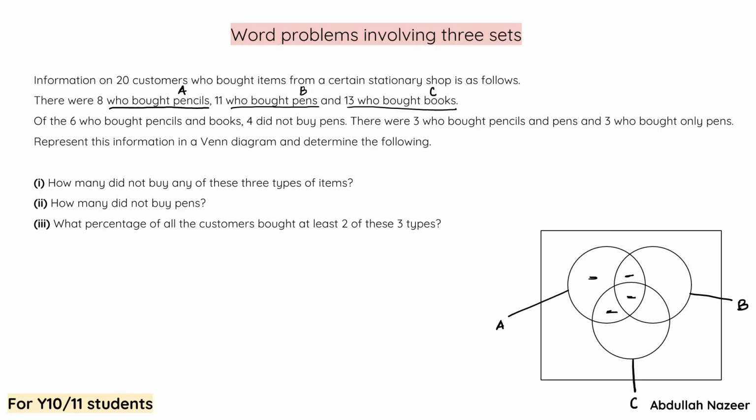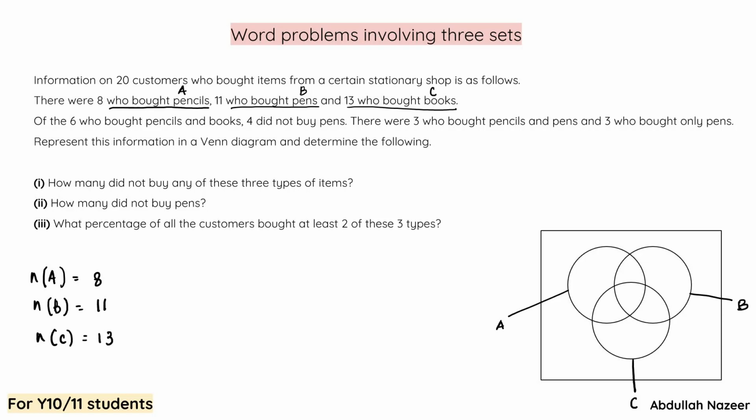At the moment, since we can't fill that information in the Venn diagram, let's say n(A) is 8. Let's just write that down. And likewise, 11 who bought pens, so n(B) is 11, and n(C) is 13, the number of people who bought books.